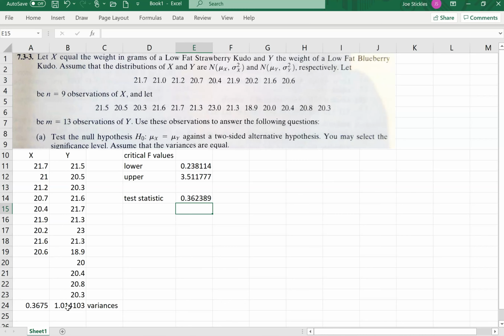So that tells us that the test statistic is not in our critical region. Our critical region would be either below the 0.24-ish or above the 3.5-ish. This is not in the critical region, so we do not reject H naught.